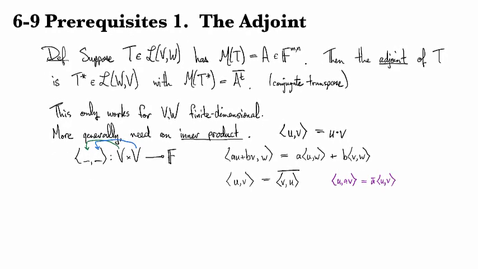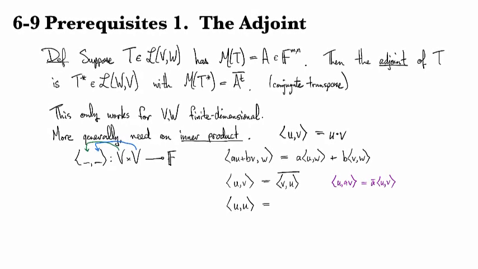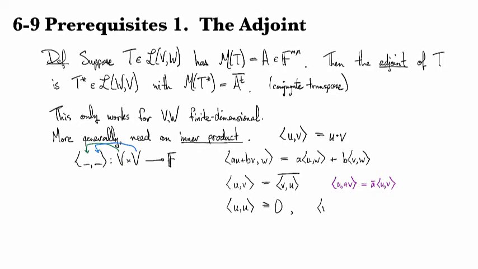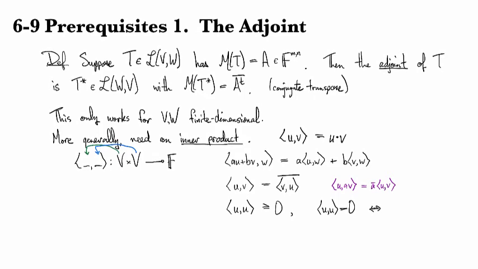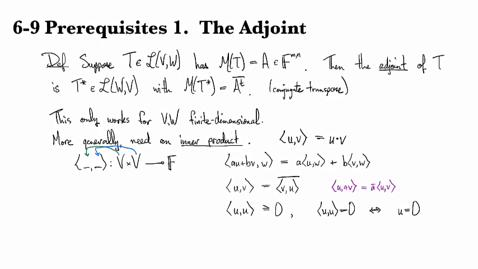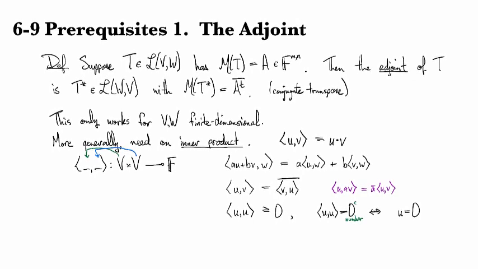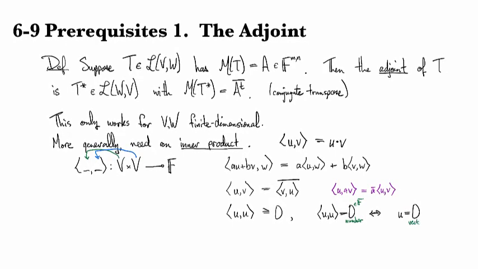And then you also need it to be the case that the inner product of U against U is always non-negative, with <U,U> equaling 0 if and only if U is actually the zero vector. So here this is 0 the number, and this is 0 the vector.